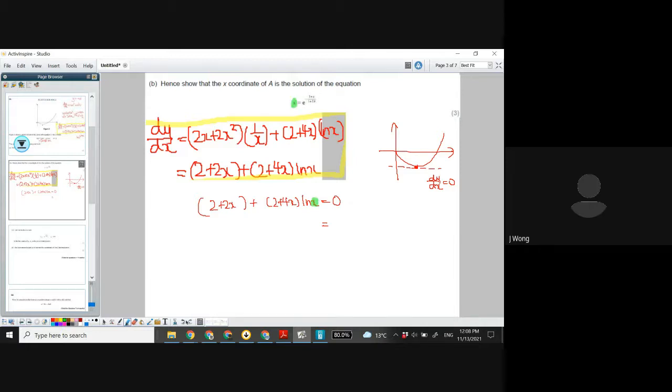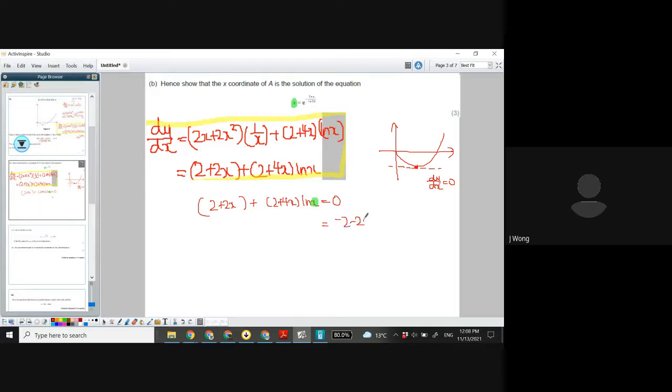The x that they want us to make the subject is this one, because the answer on the right-hand side is an exponential function. You could only get that by reversing the ln function. So that's why I will make this x here the subject, and toss everything that is not this x to the other side.